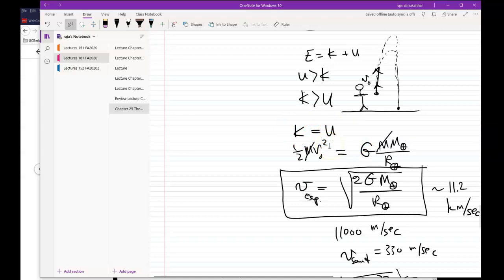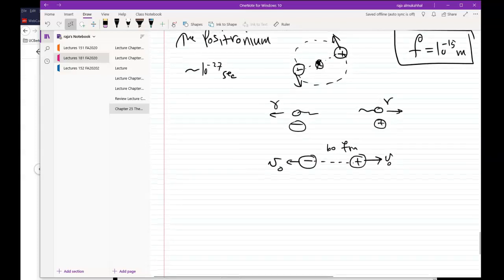See what I'm saying? So now, the condition for them to escape at a minimum velocity is when the potential between the positron and the electron is equal to the kinetic energy. You can pause the video and think about that.